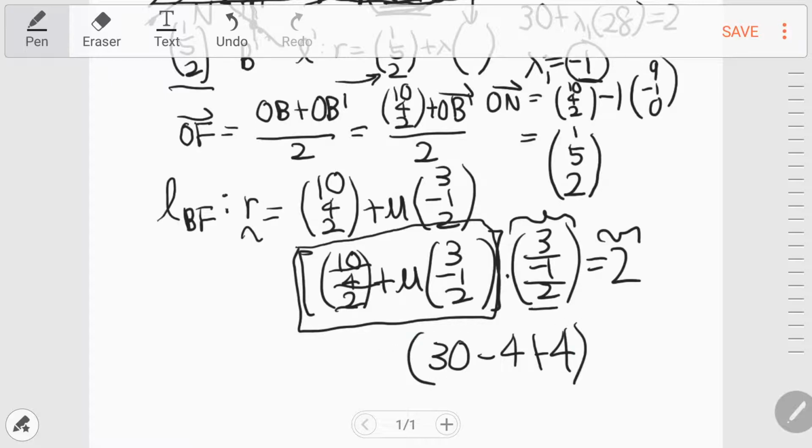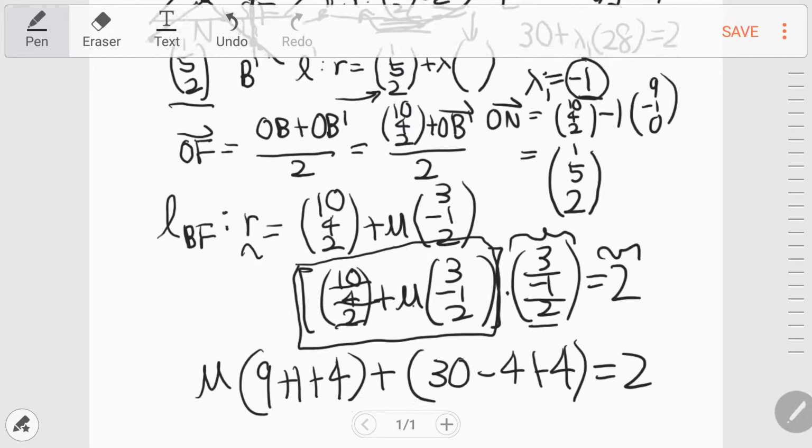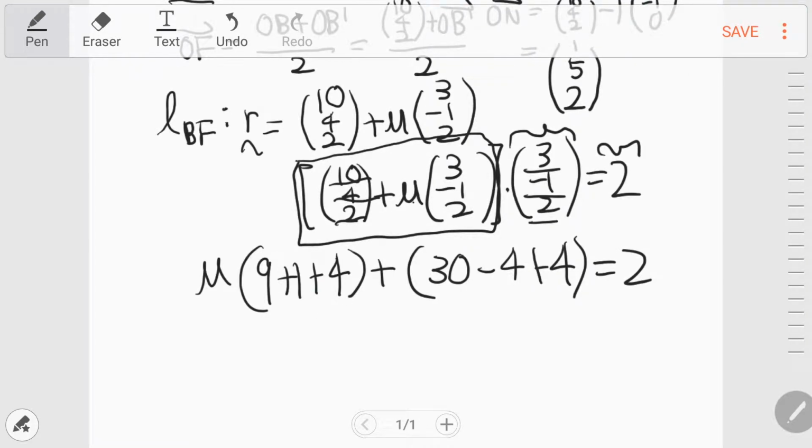Then plus 3 times 3 is 9, minus 1 times minus 1 is plus 1, then 2 times 2 is plus 4. That is my mu, and then equals 2. So 14 mu equals 2 minus 30, which is minus 28. So that means mu equals minus 2.